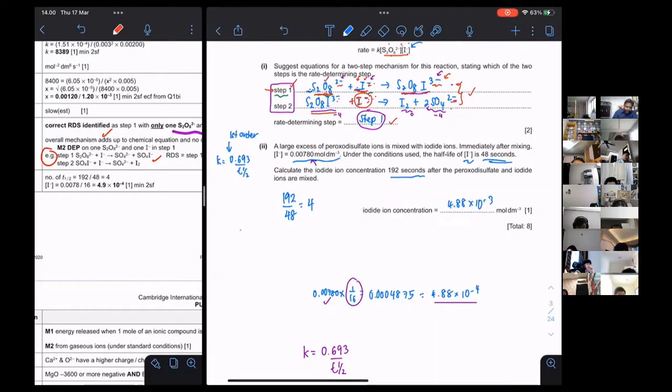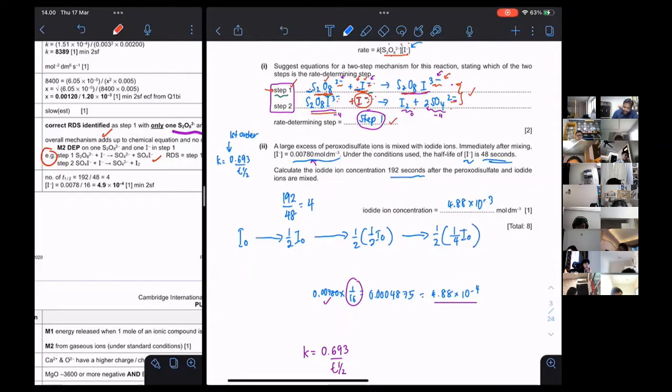Let's say the initial concentration is I0. For the first half-life, it will become half of I0. And then the second half-life, half of the half I0. And then the third half-life, you will get half of that, 1 over 4 I0. Just count.